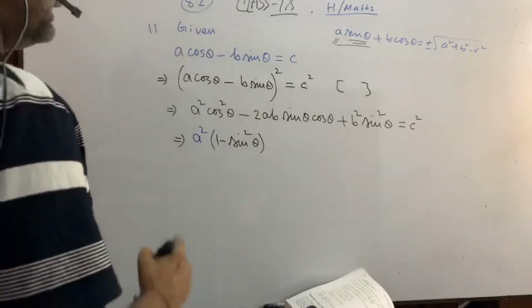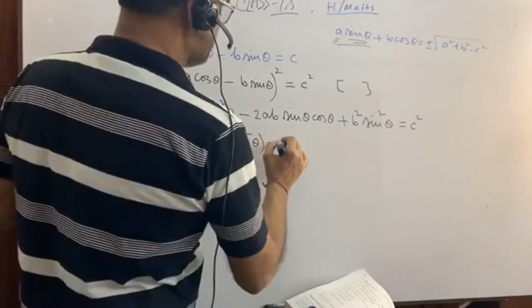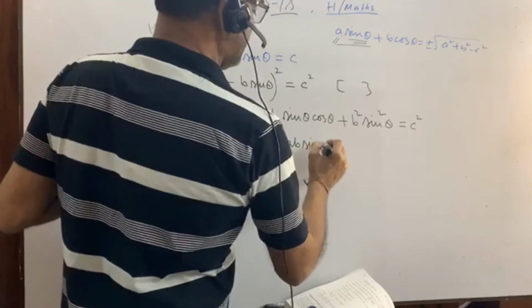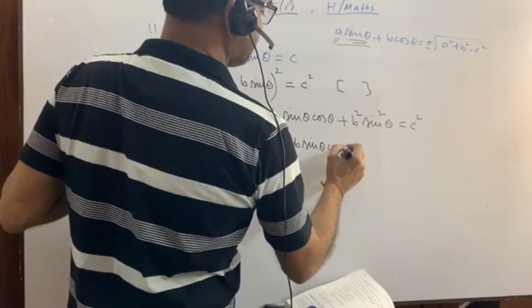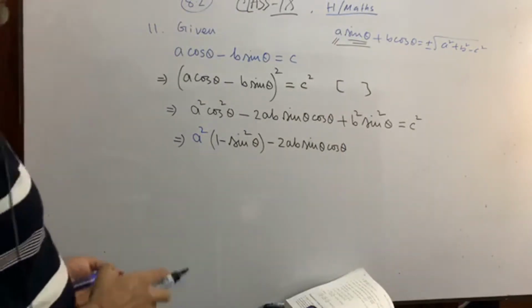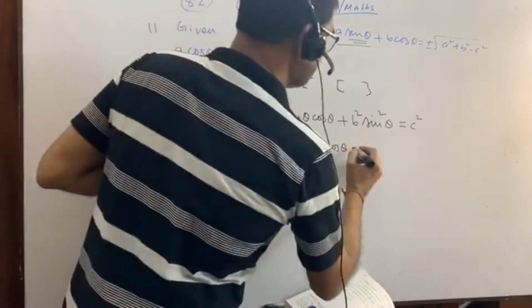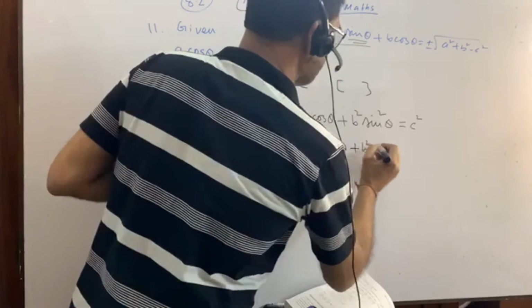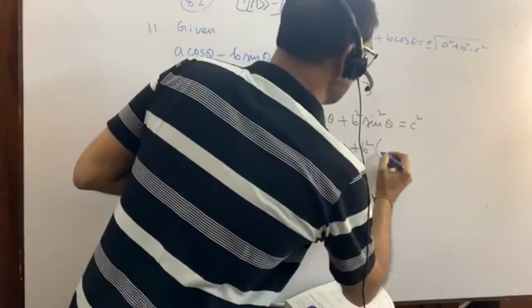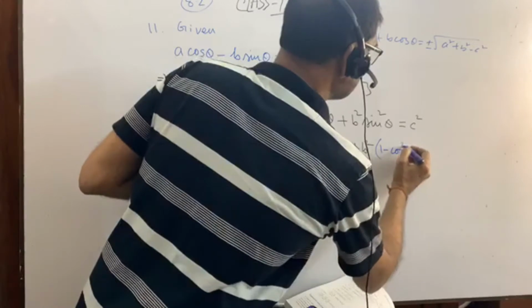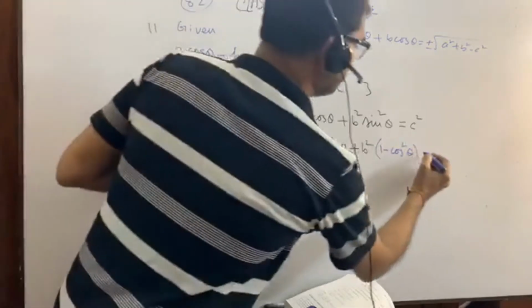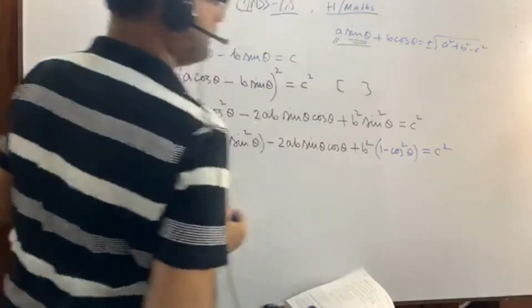Then it is minus twice ab sin theta cos theta. It is nothing but just to maintain the formalities, I have written it as it is, 2ab sin theta cos theta. Now this is plus b square, and sin square theta can be written as 1 minus cos square theta, as I told you earlier, is equal to c square.